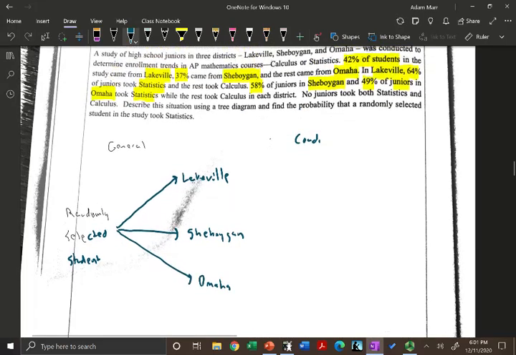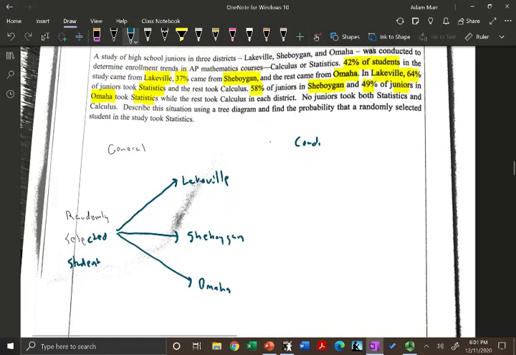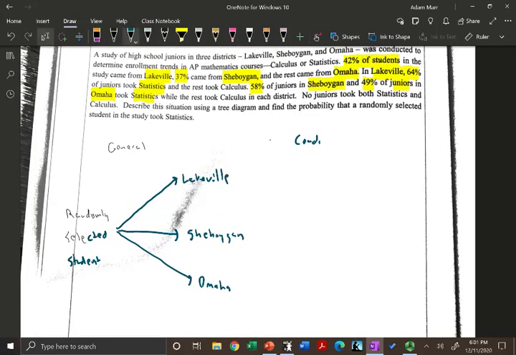All right, and then we're just going to write each of the probabilities that we have right here. So the first one right here is 42% of the students in the study came from Lakeville.